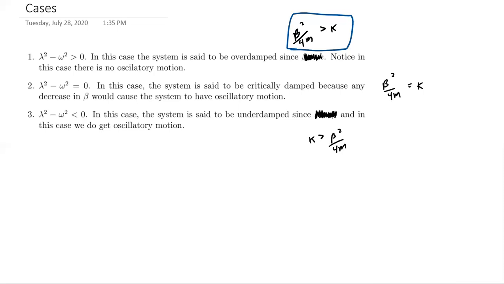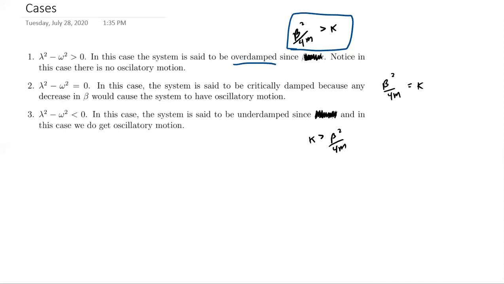There's no cosines or sines, meaning that we don't get any oscillatory motion in this particular case. So that's the first case. Two real distinct roots. It's the same as saying that the system is overdamped, and that there's no oscillatory motion. Or equivalently, beta squared over 4m is greater than k, if you want to work with beta, m and k instead of lambda and w.